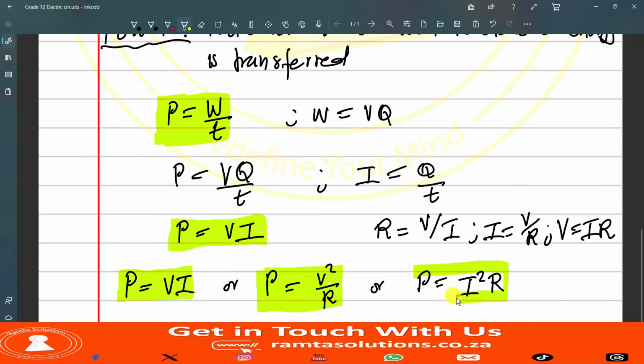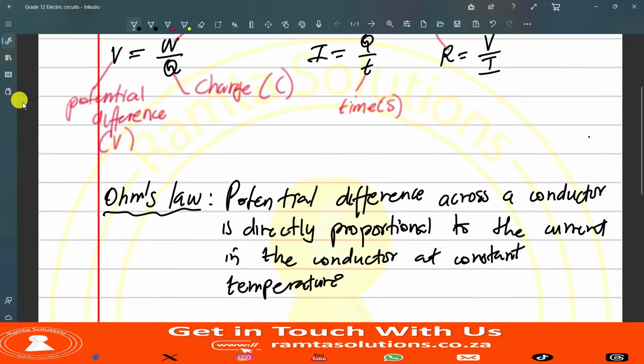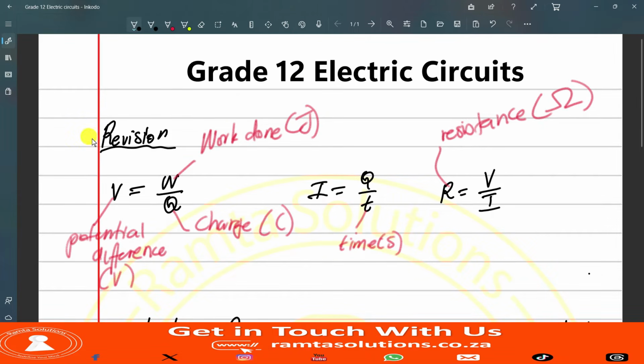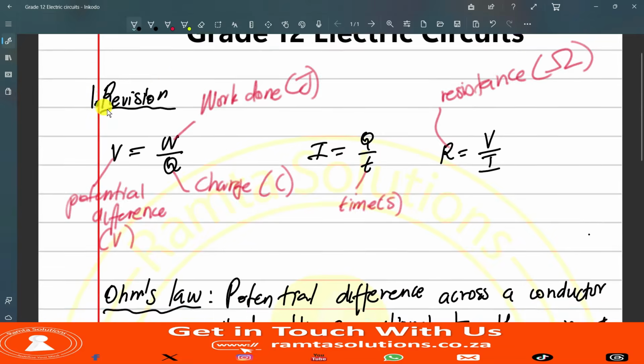So now we have shown you all these things, right? These were the formulas that you knew. Now, it's also important that we remind you of parallel and series connections, right? Let me call this item 1.